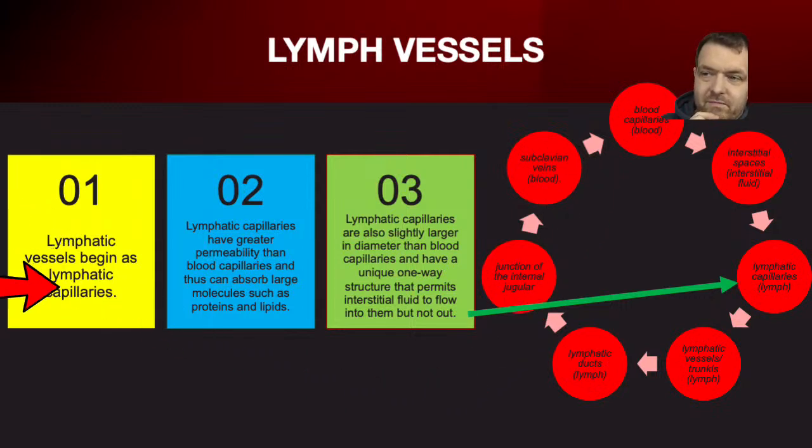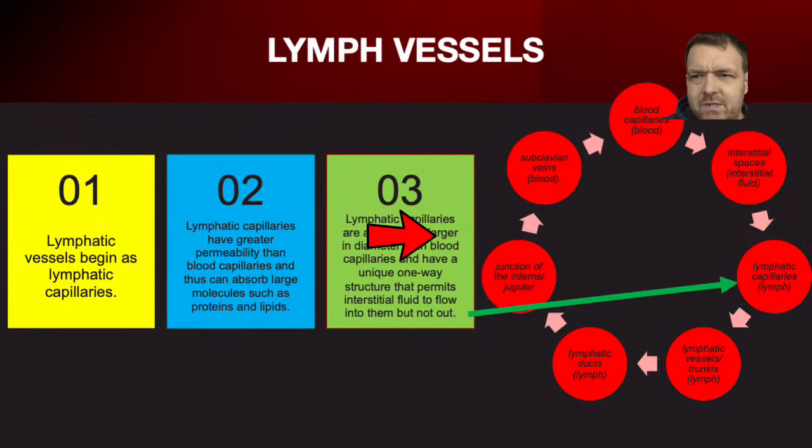So lymph begins in lymphatic capillaries, the smaller lymphatic network, and then we were talking about the greater permeability, so the lymphatic network has bigger holes basically in the sides of the vessels to allow those larger molecules in.